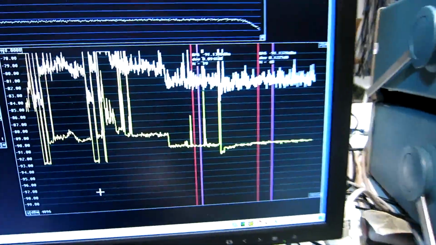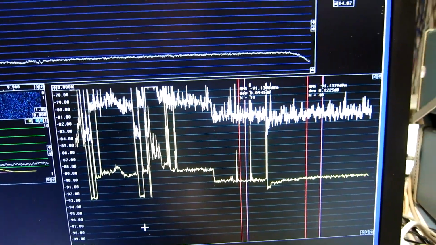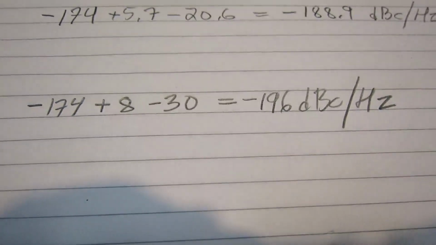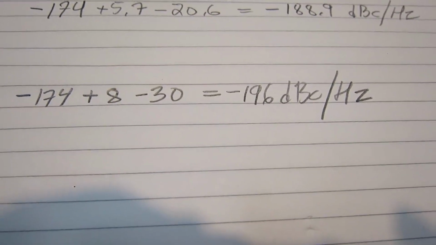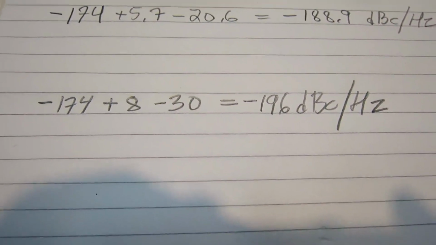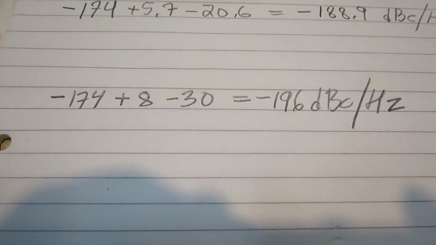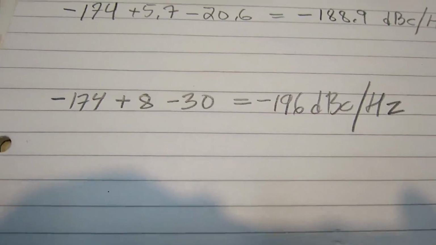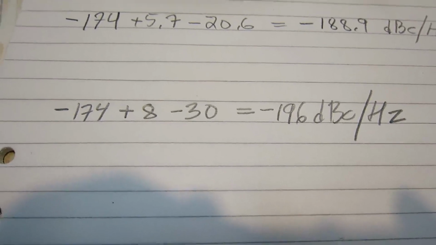And then I see the same noise at 50 kHz separation. What I see now is minus 196 dBc per hertz. But that's not the properties of the oscillator, it's the properties of the crystal notch filter. So there is still some work to do on this.